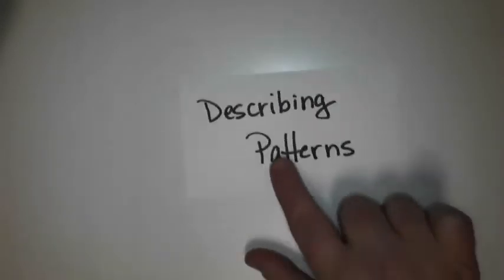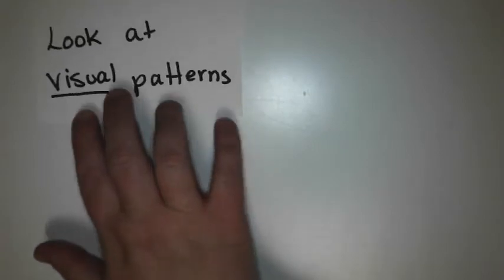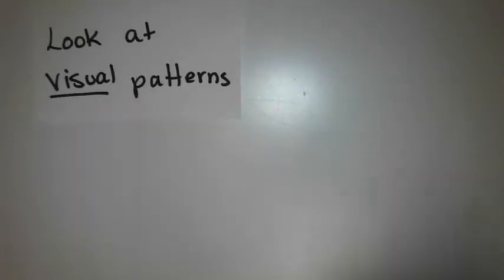But if your experience was anything like mine, we didn't spend any time actually describing patterns and looking at them. So here's the steps I wanted to do. I want us to look at each pattern. Actually look and describe how each pattern moves from picture to picture to picture.